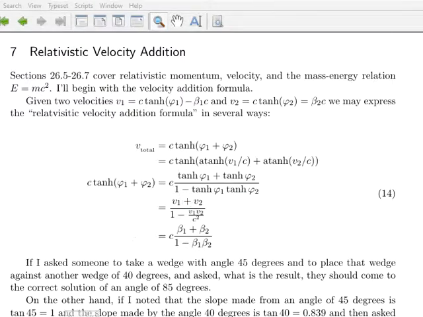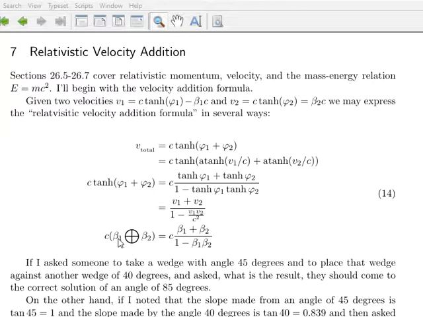Let me write that so that we have the hyperbolic tangent addition formula all on one line. And you can see that the hyperbolic tangent formula is the same as this equation down here. Now I've made this kind of weird notational change down here.